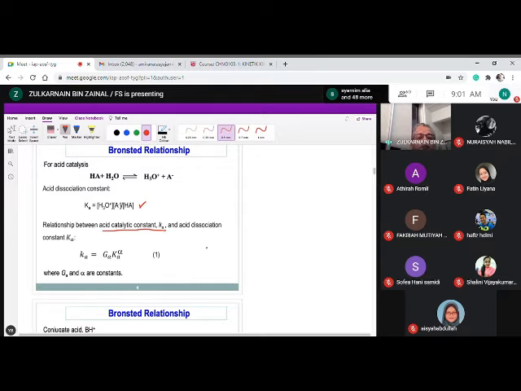So Ka will depend on Ga, alpha, and also Ka at the same time, as shown in this equation, right? Where Ga and alpha are constants, right?